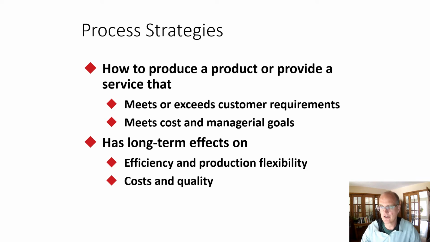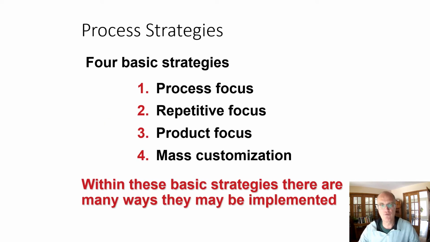So what you need to do is think about all of these elements and build processes that deliver on them. There are four different strategies, and we talked a little bit about process focus and product focus, and a little bit about mass customization. Repetitive focus is somewhere in between the two, where you have some degree of customization, but you are repeating similar processes over and over again.